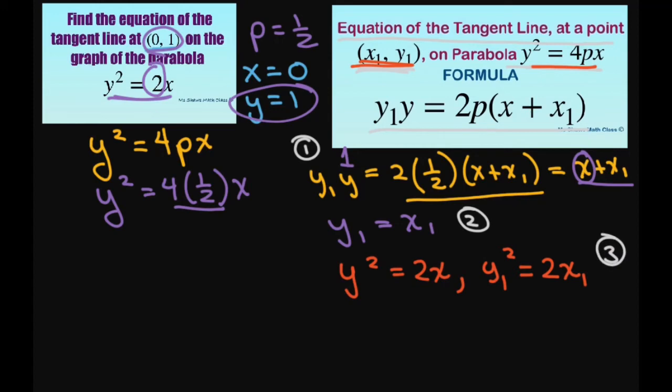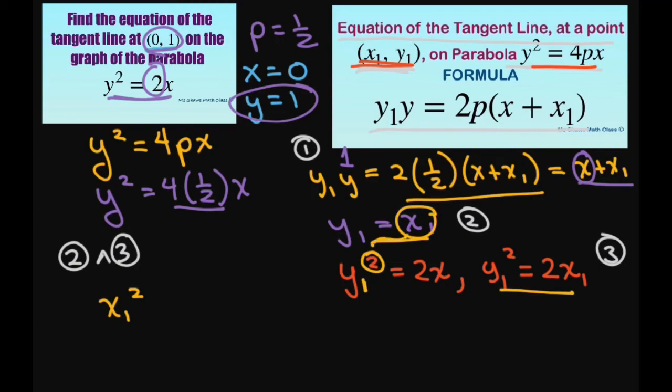Now, by equations 2 and 3, we're going to use substitution. So here's 2 and 3, and substitute our y. This should be y sub 1 here. And you'll get x sub 1 squared, because you have to square it when you substitute this in, and then that's going to equal 2x sub 1.